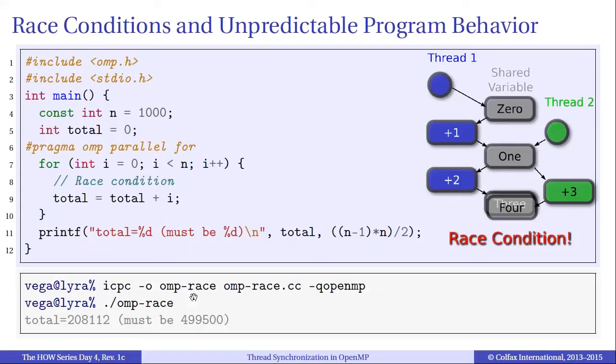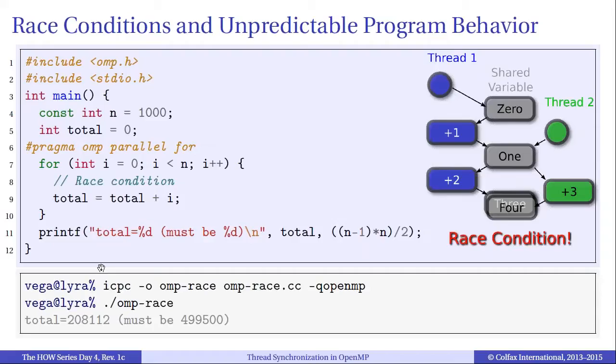Turns out that when I run this application, the result is different from the analytical prediction. It's actually smaller. And even more, if I run this application many times, the result will be different every time. That is because I have here what's called a race condition or a data race.